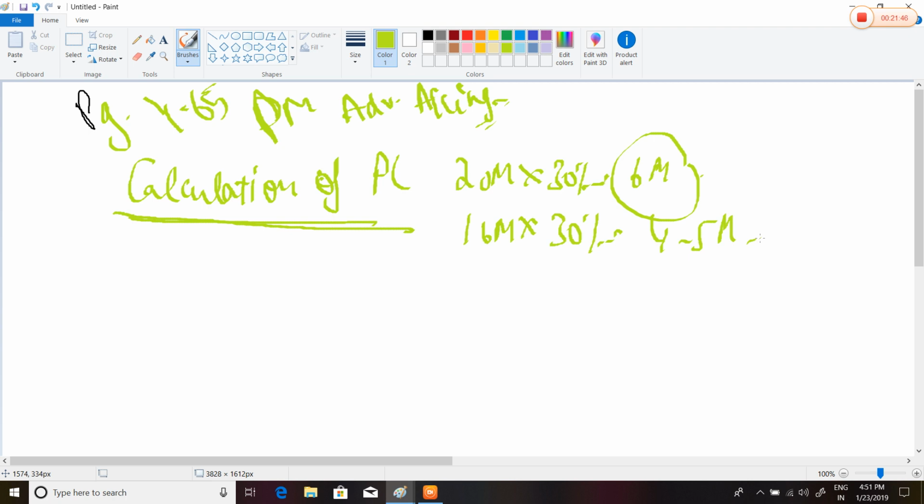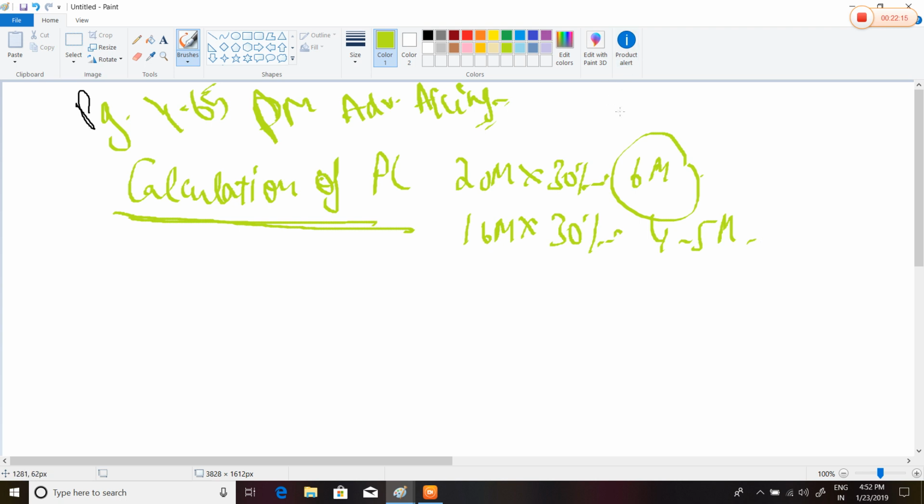If you calculate purchase consideration correctly, the examiner would check the whole question. But if you calculate it wrong, then the examiner may or may not check the rest of the question. The base of the question is the calculation of purchase consideration.